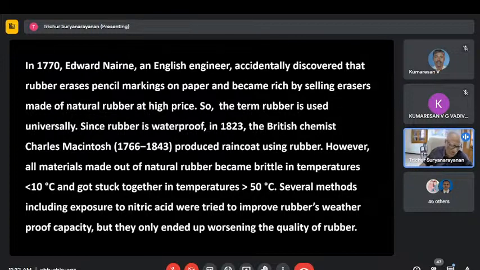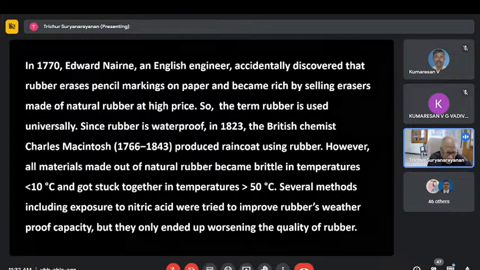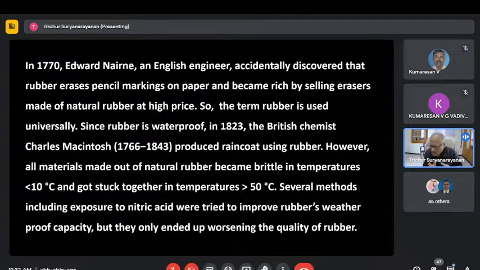So they didn't know what to do. There was a demand for rubber, for making shoes, for raincoats, all that. But there was always this problem. So they were wondering if we can somehow make the rubber more suitable, make it strong, then the use of rubber would increase.